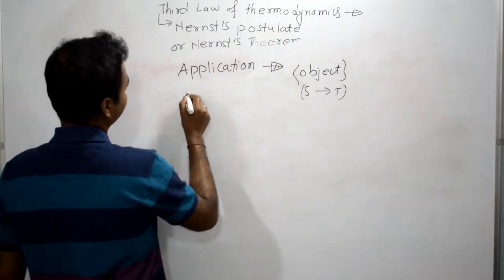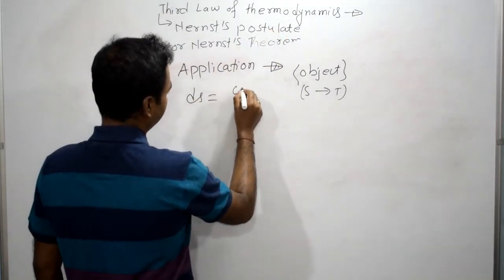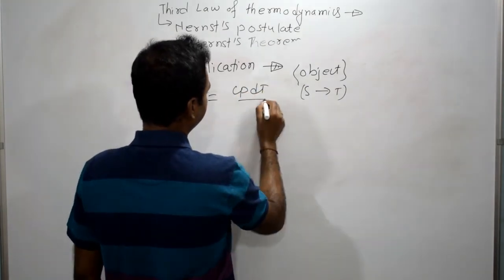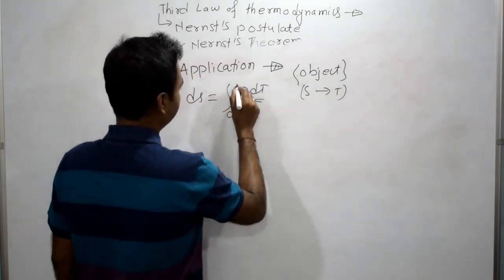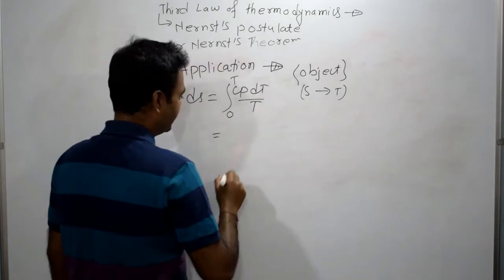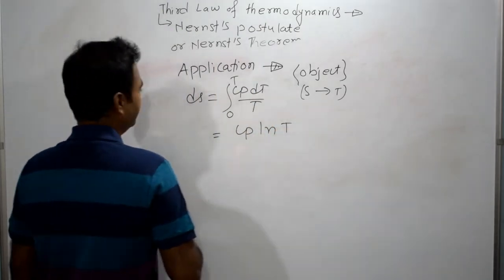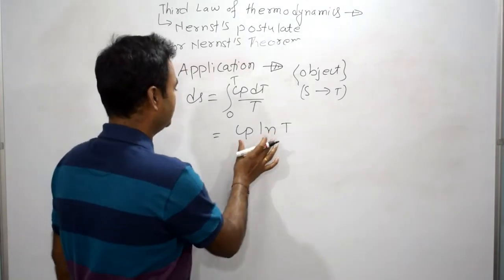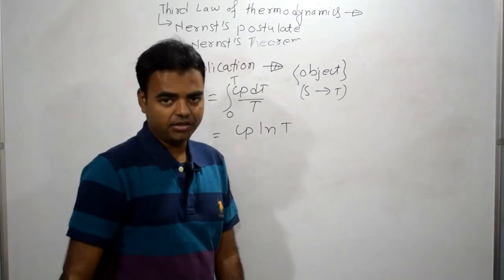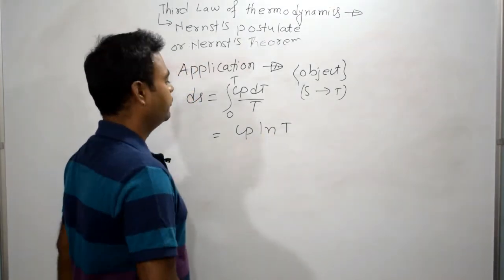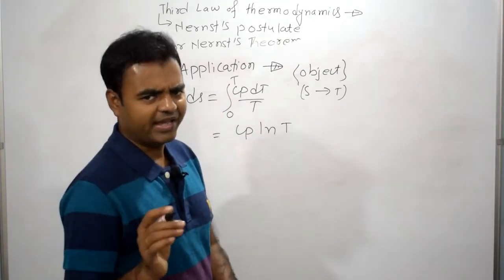How? Let me tell you. dS is equal to Cp dT divided by T, from 0 to T. So we can write basically Cp natural log T. So by using this equation we can easily find out S.